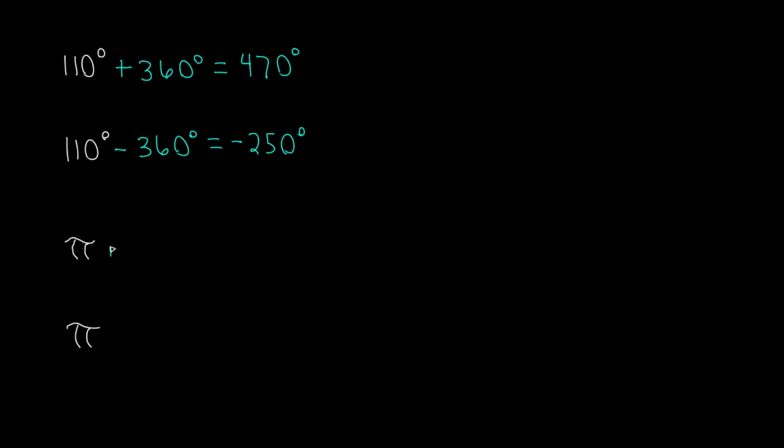So to find our positive one, we're just adding 2 pi radians to get a positive coterminal angle of 3 pi radians. To find our negative coterminal angle, we're going to subtract 2 pi radians to get a negative coterminal angle of negative pi radians.